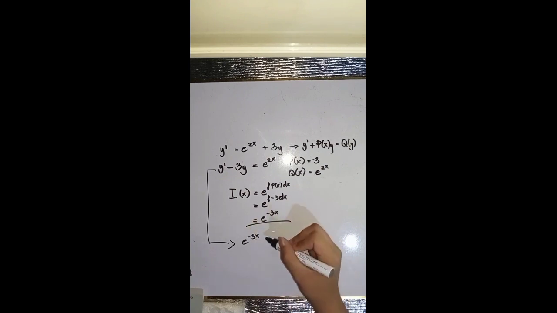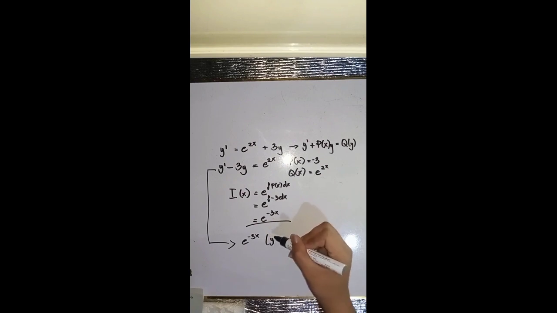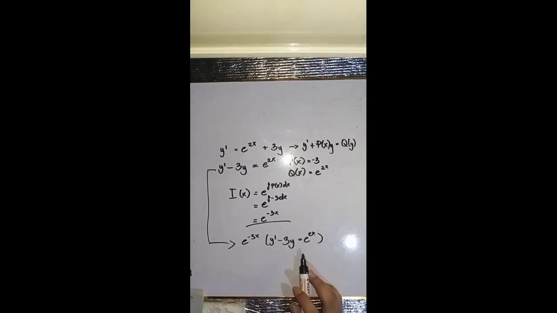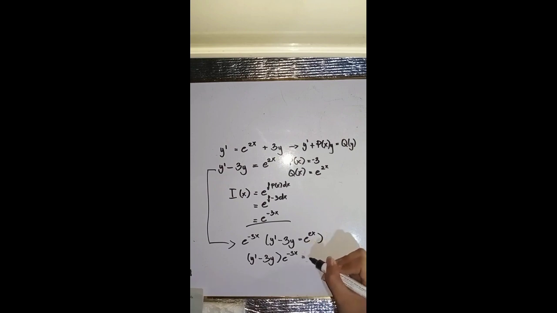So the integrating factor, which is e to the negative 3x, is multiplied to our original equation, which results in y prime minus 3y, multiplied to e raised to negative 3x, equals e to the 2x multiplied to e to the negative 3x.